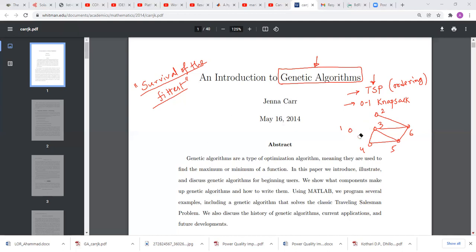If I just erase the connecting weights, the scenario could be something like this. He can travel, let's say, from 1 to 2 to 3. He only has to touch each of the cities so that he can sell his products. If he travels in this manner, he can complete his round without repeating any city more than once.